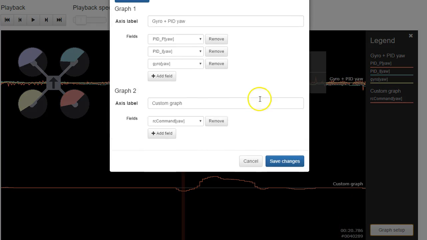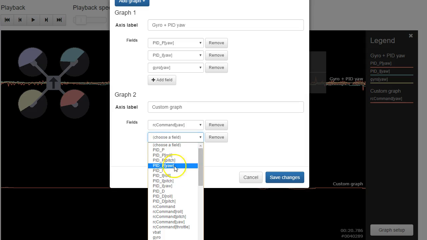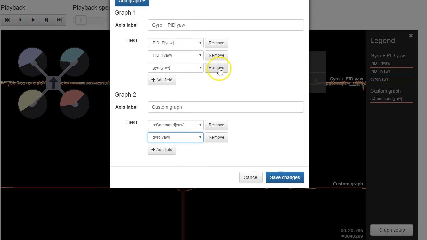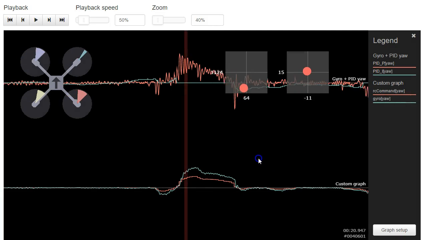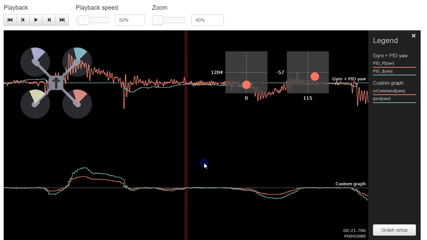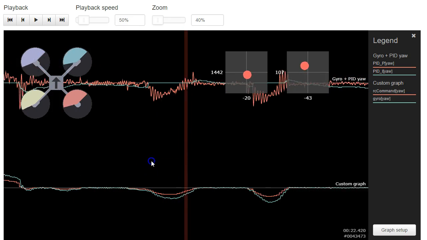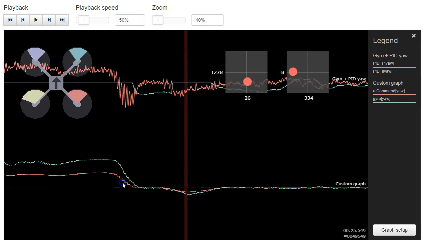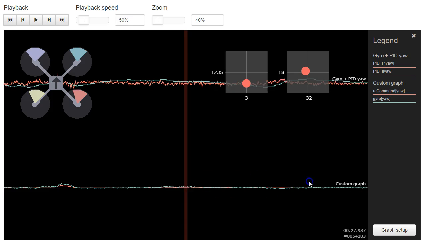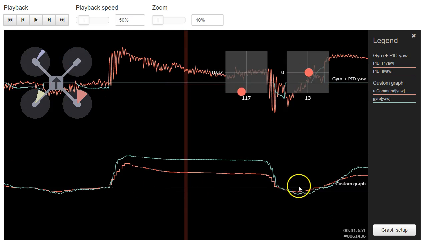In fact, let's put the gyro down with RC command because we know that the gyro should roughly follow RC command. This will help us figure that out. And we can see that the gyro is roughly following RC command.